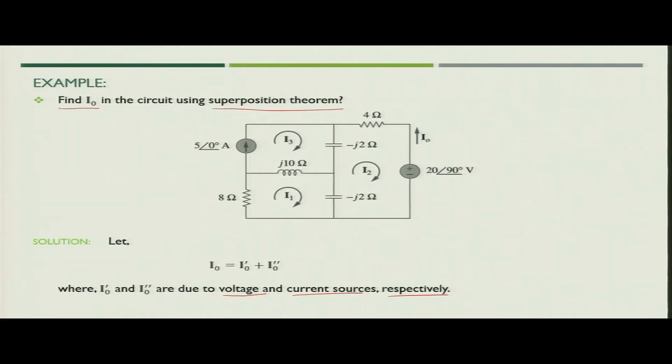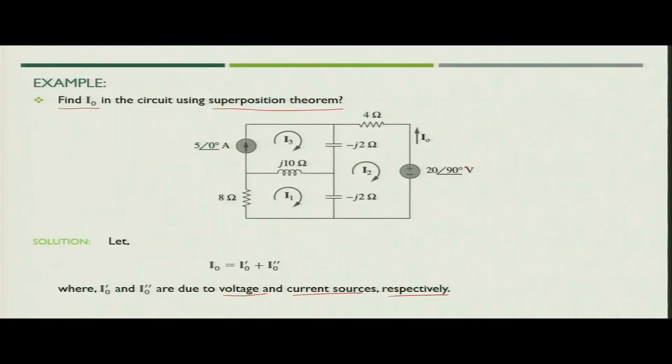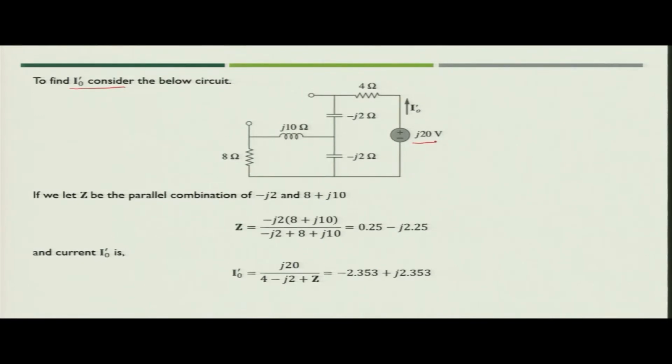So, let us first take the voltage source. When you take the voltage source, your current source will be open circuited. In that case the value we need to find out is I naught dash, and the modified circuit will be as shown in the figure. Now, the voltage source is 20 angle 90 degrees, so you can conveniently write it as j20 in complex form.